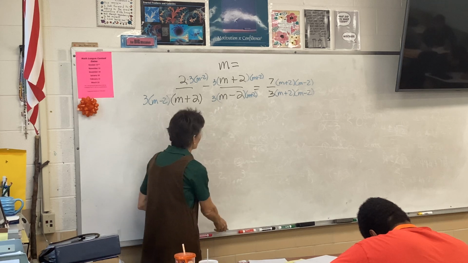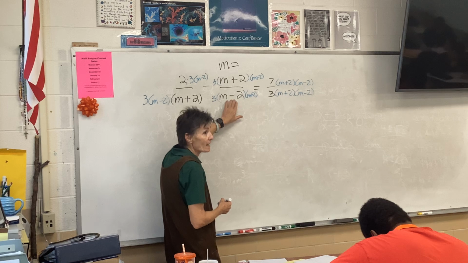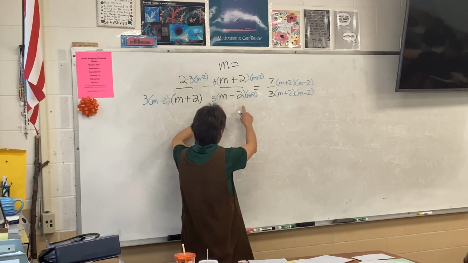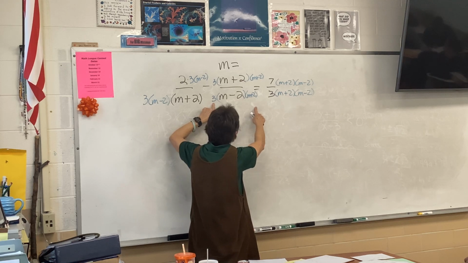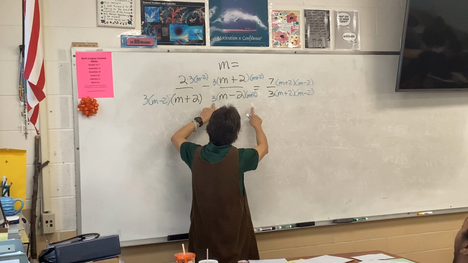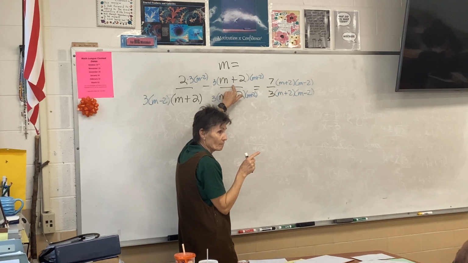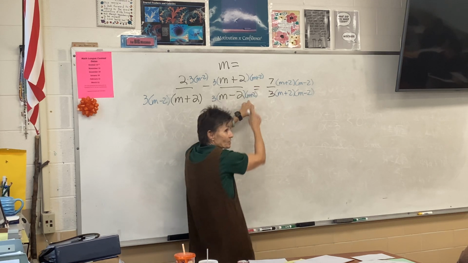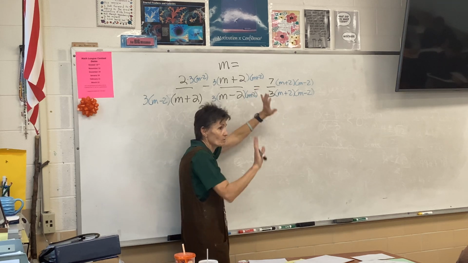What is the middle one? I'm talking about the top side. It's m plus 2, because the original problem was m plus 2, and then I needed to give it a 3 and an m plus 2. Whatever you put in the bottom has to be what goes in the top.